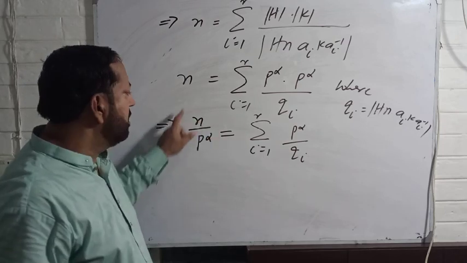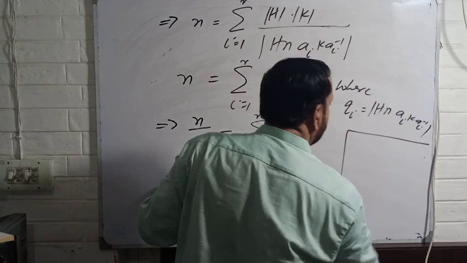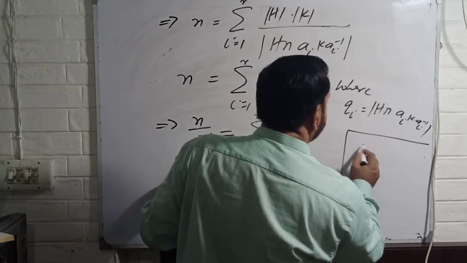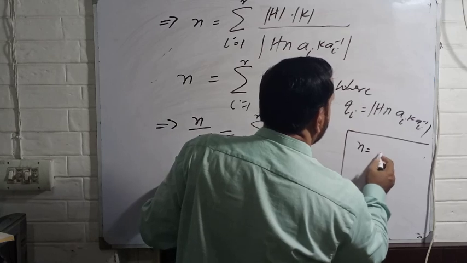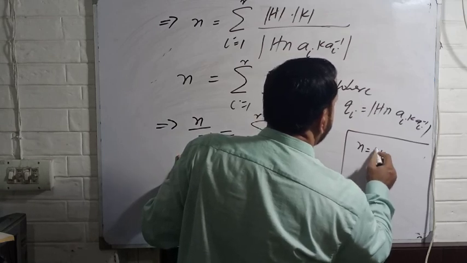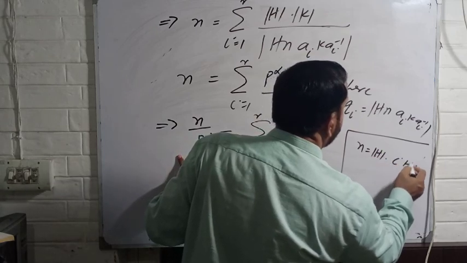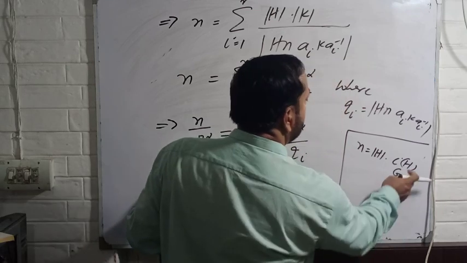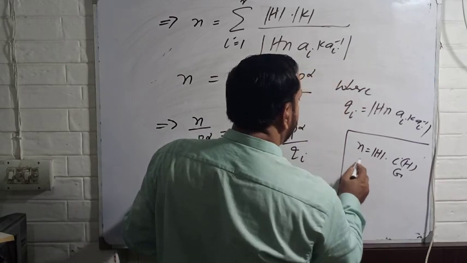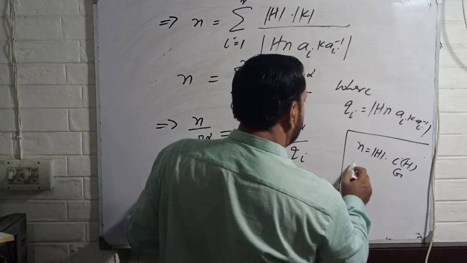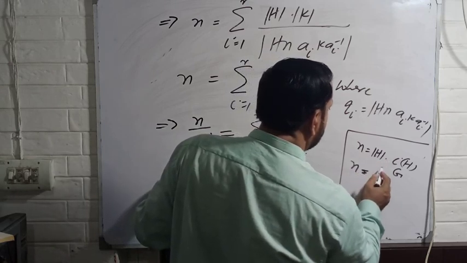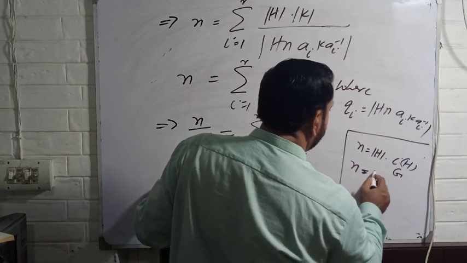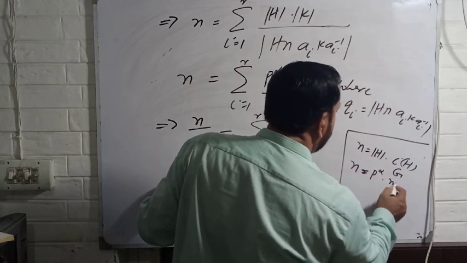By Lagrange theorem, you have written that n is equal to order of H into index of H in G, where the order of H is p power alpha and the index was m.